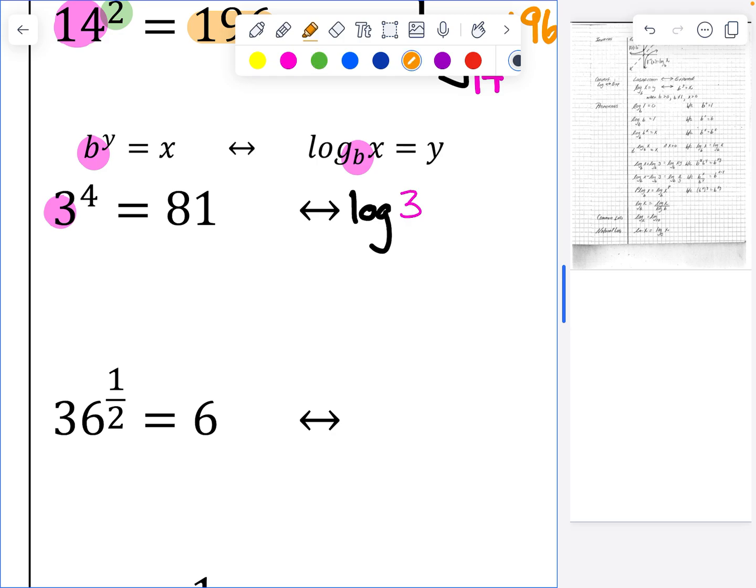Let's not do the exponent, let's do this number. This is an 81. So I put that in the wrong place. The base number is 3. The 81 is going to go here. And the power is going to be the 4, because there's the power, there's the power, there's the power.